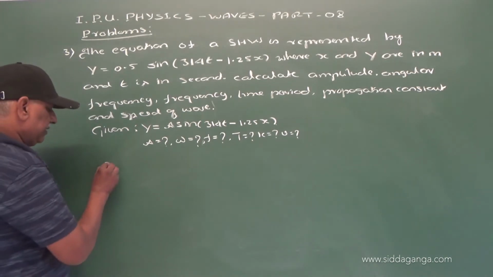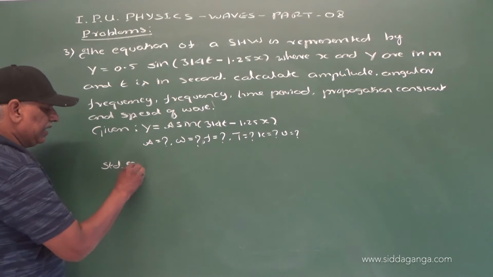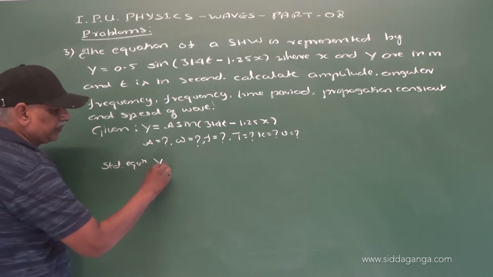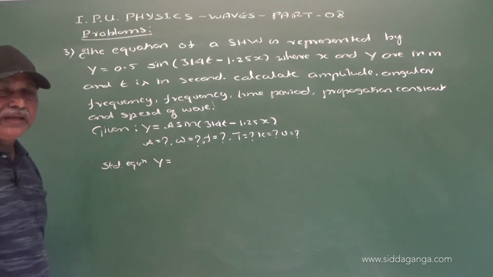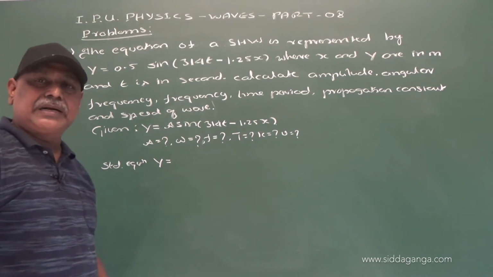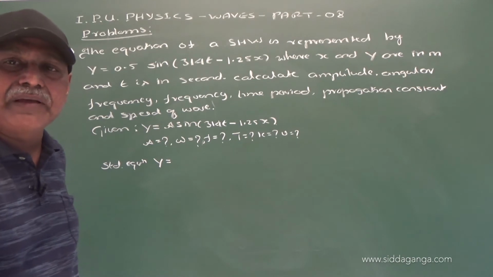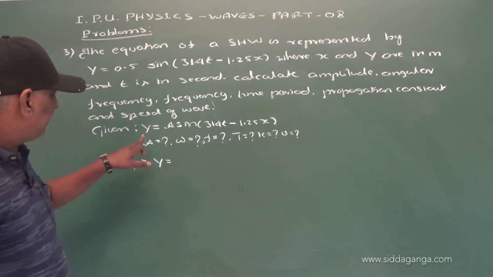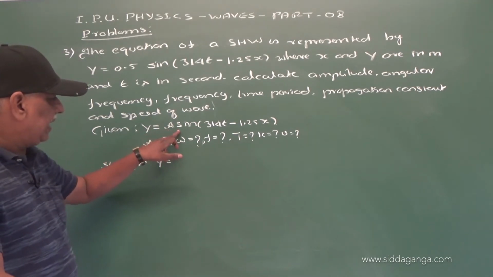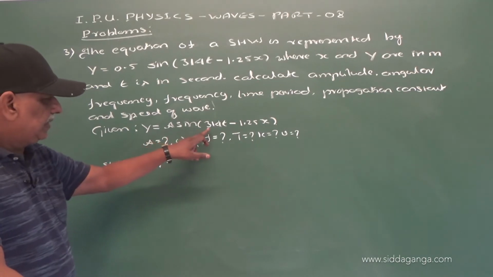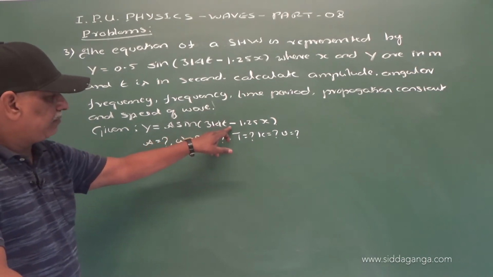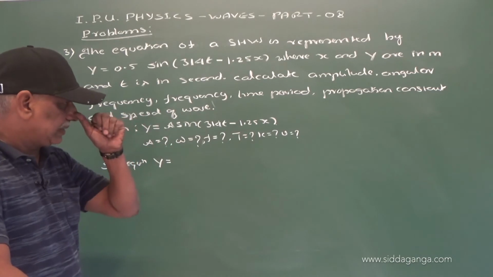Now we have standard equation y is equal to. You just carefully observe that one. We have three standard forms of wave equations. Here we have y is equal to a sin (314t minus 1.25x).